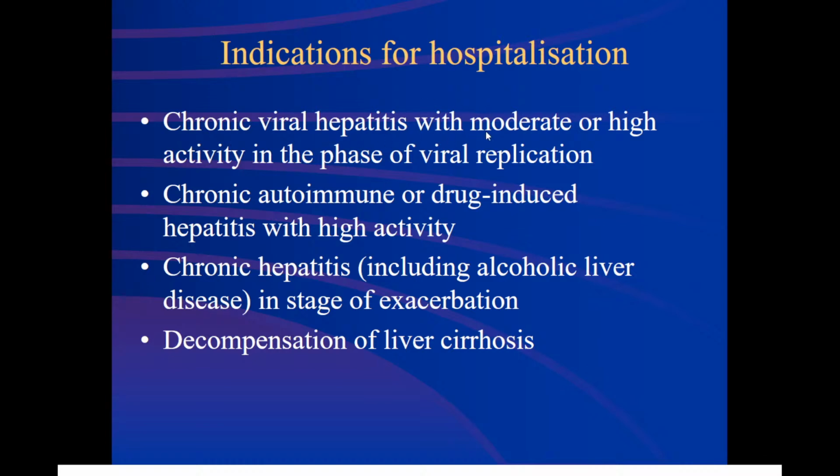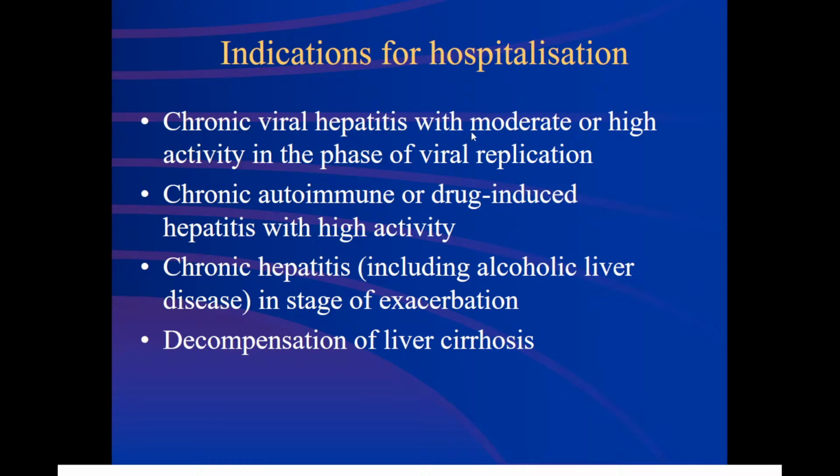Chronic viral hepatitis with moderate or high activity in the face of viral replication. If a patient comes to you with chronic viral hepatitis and tells you he has more weakness, you see subicteric sclera, small jaundice of the skin, or you order lab analysis and see that the ALT and AST level is elevated.